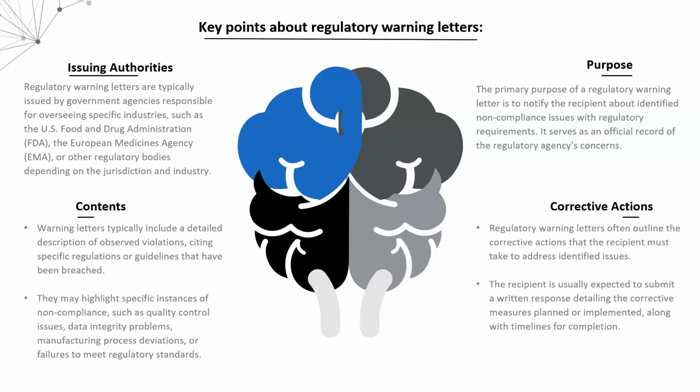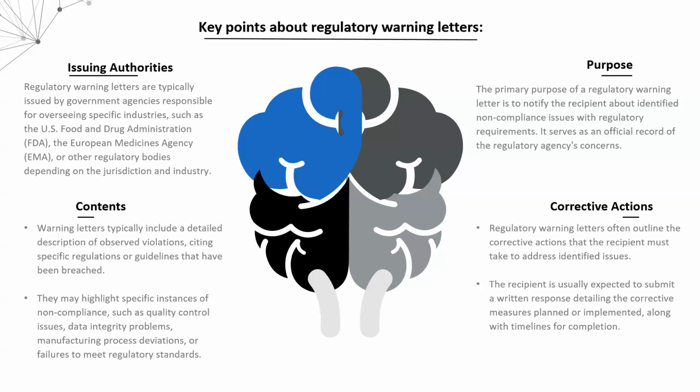And the corrective actions: the regulatory warning letter often outlines the corrective actions that the recipient must take to address the identified issues. So for some points, they may ask you to provide what corrective action you are going to take. But for some critical regulatory deviations, they'll straight away tell you what corrective actions you have to take if you want the approval for that country.